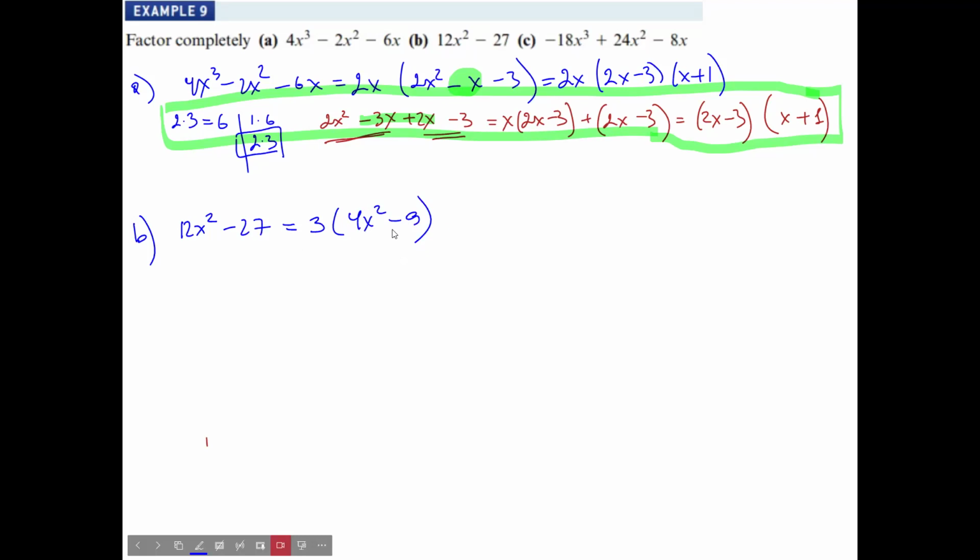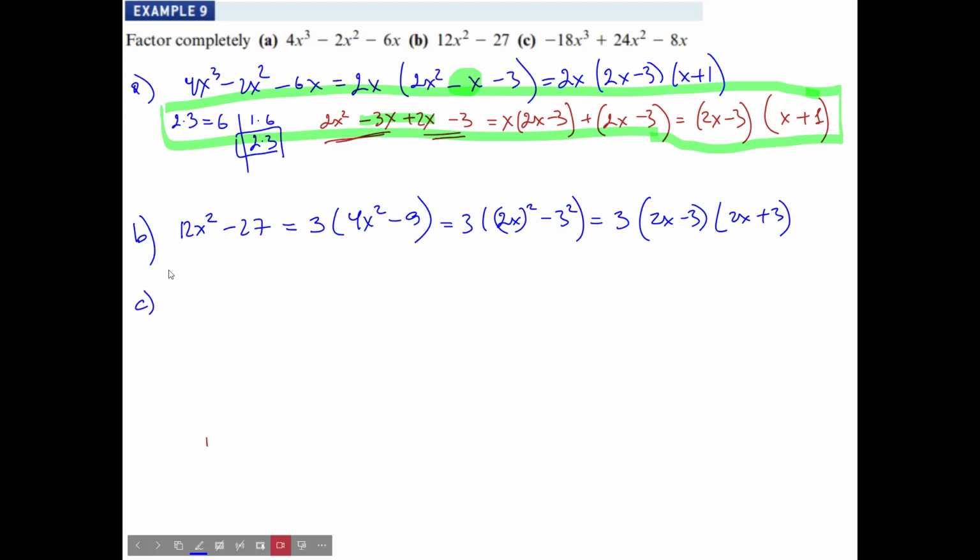Now what I can see inside of the brackets is 2x squared minus 3 squared. Does it look like difference of squares to you? Yeah, so 2x minus 3, 2x plus 3. Good?